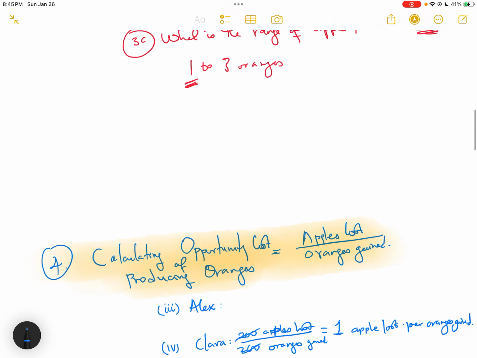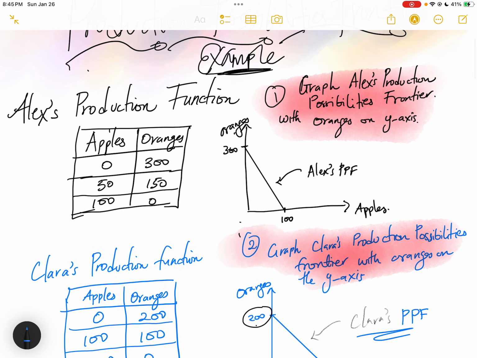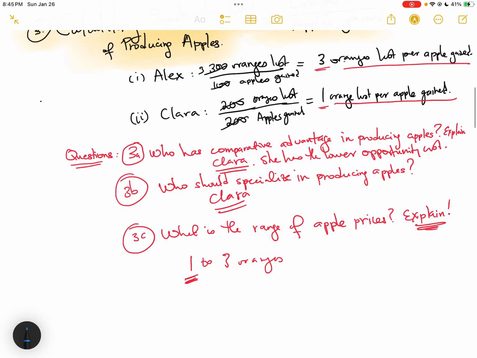Okay, so now for Alex, remember the maximum number of oranges that Alex could produce if he puts all of his factors of production towards that is 300 oranges, and the maximum number of apples is 100.